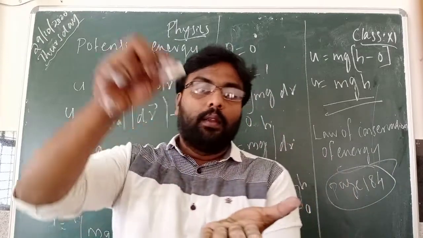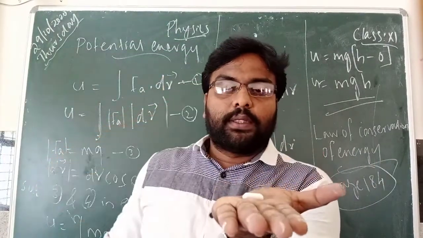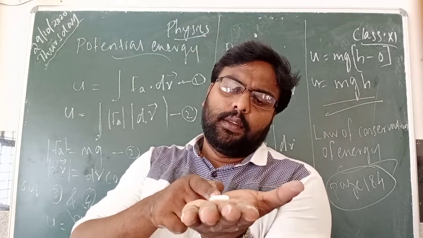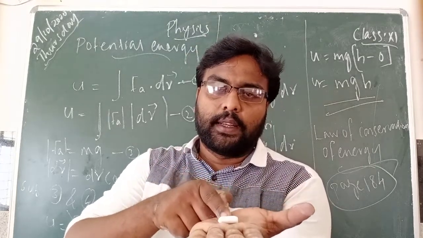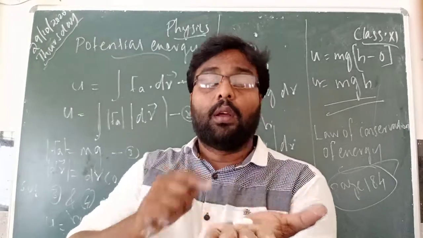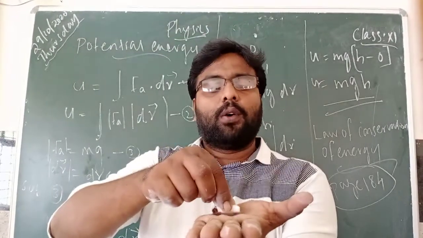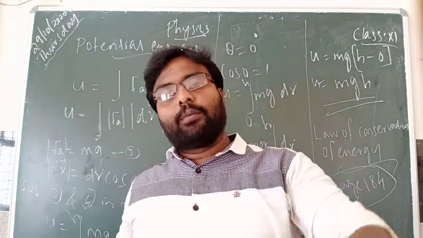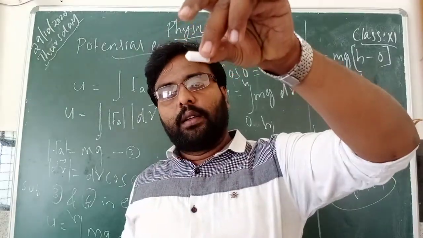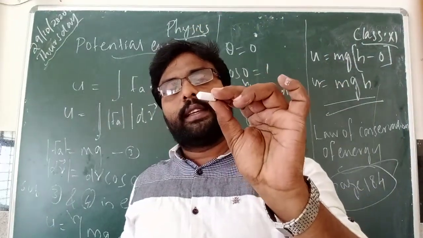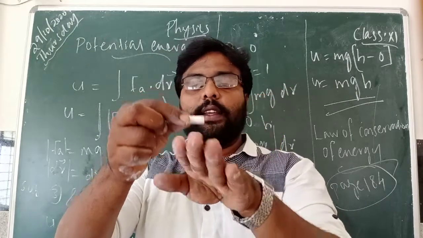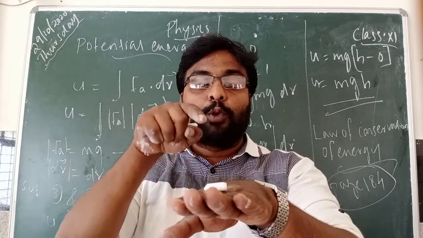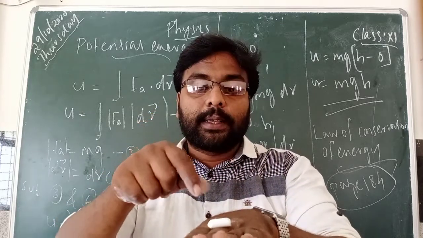You see, now the chalk is in this position. It possesses some potential energy. Now I am throwing this downward. When it is in its position, it possesses potential energy.